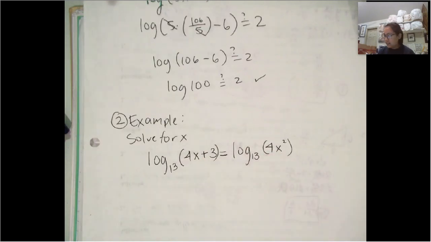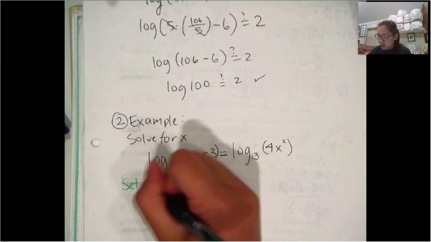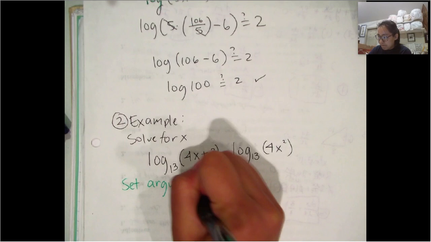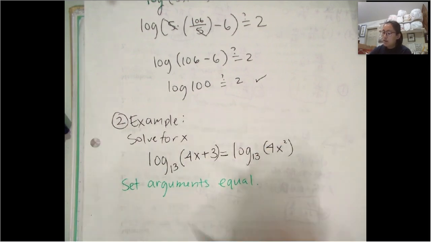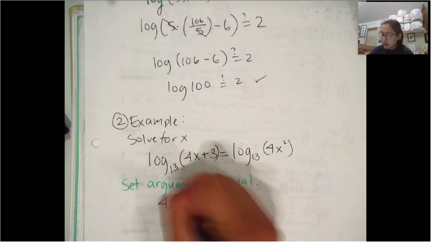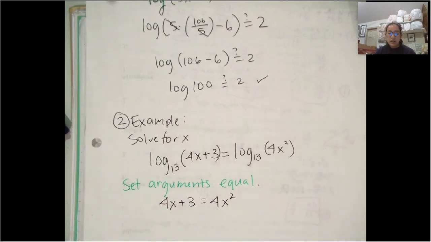Why, yes, of course. So the first step would be to set the arguments equal to each other, meaning we do 4x plus 3 equals 4x squared. So we've effectively gotten rid of the logs, and now you just have to solve algebraically.